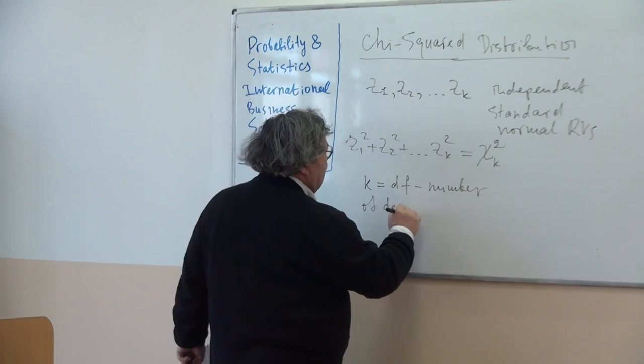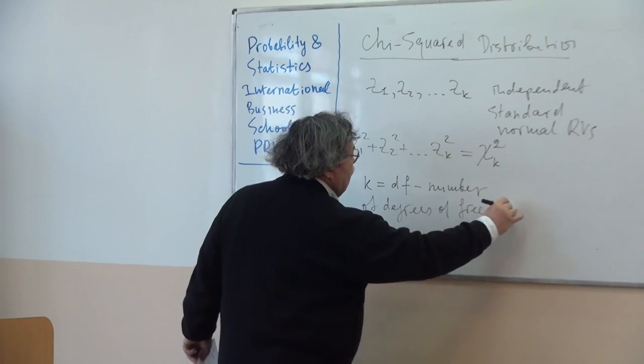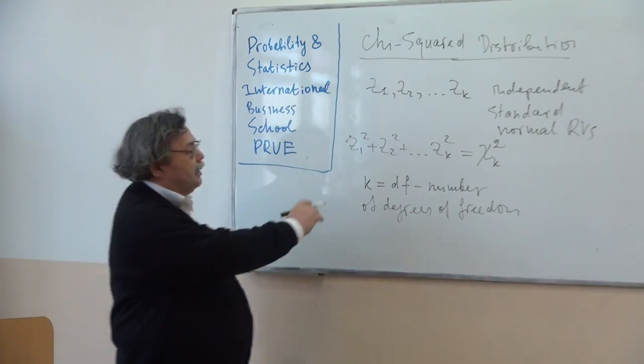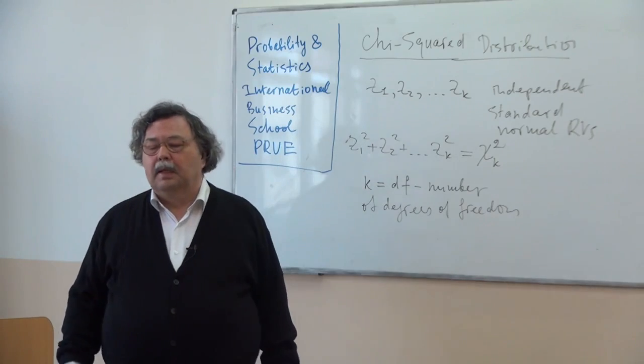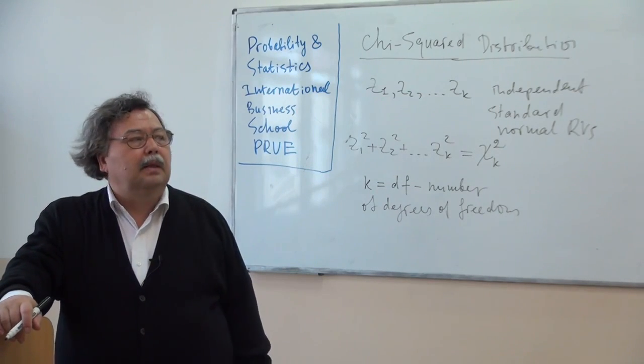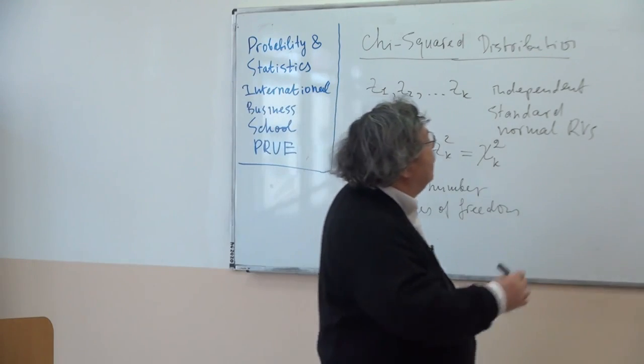On an intuitive level, you can interpret this number of degrees of freedom as the number of independent pieces of information that comes into this formula.